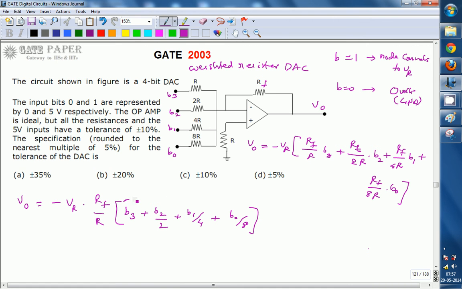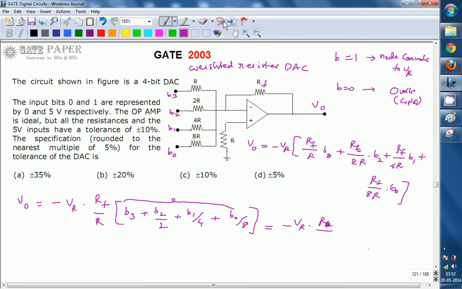So the entire bracket is going to give rise to a constant. So you can write the expression as minus VR into RF divided by R, and RF is nothing but R itself.